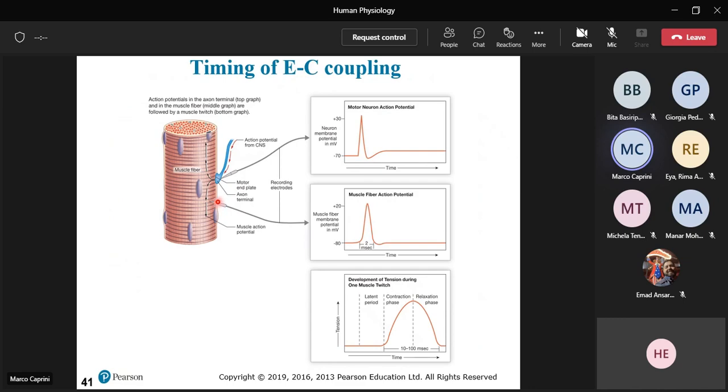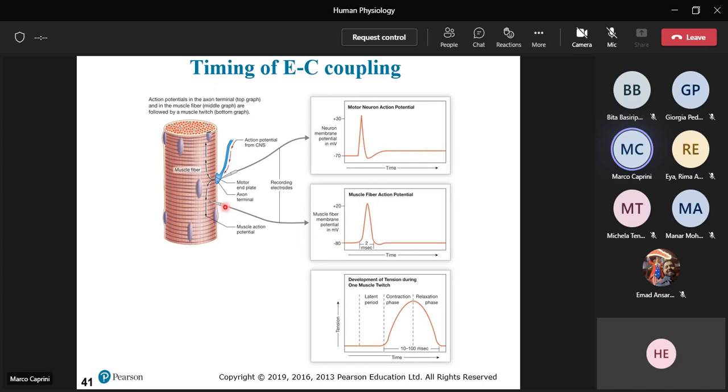Here in the motor neuron and in the motor end plate, I'm able to measure the typical motor neuron action potential with all the parts that we have already analyzed, right? This is a typical action potential in a neuronal cell from -70 to +30, a little bit of hyperpolarization, and then the membrane potential returns to the resting values.